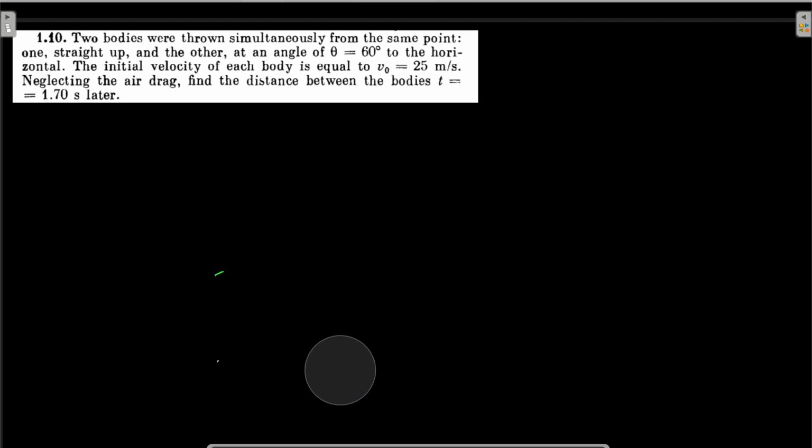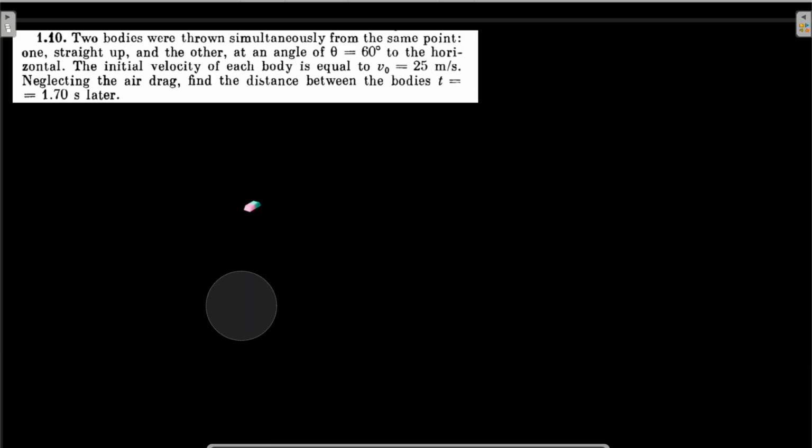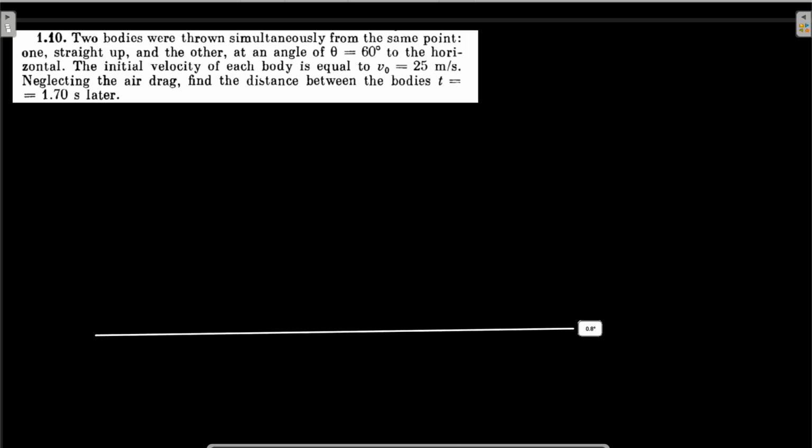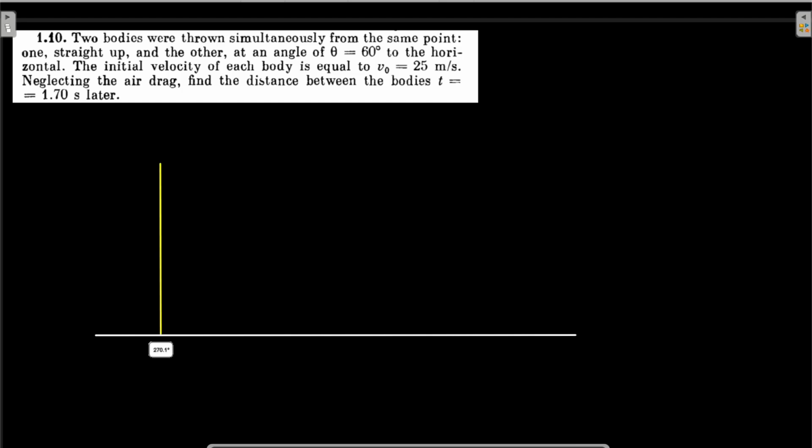We have a better way to clean the page, but anyways. I'll draw both of them again. We'll first draw the ground. Now the person moving along this line, and the other guy was moving making a 60 degree angle.